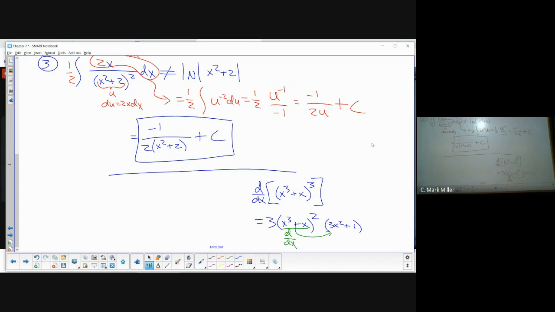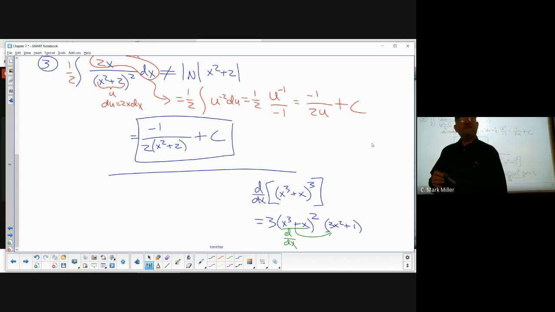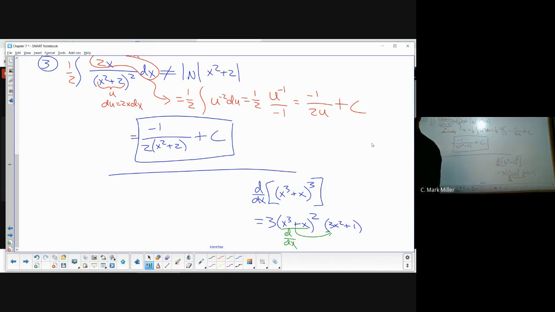All right. So if you're weak in trig, on one of the quizzes, there was that derivative of cosecant. Derivative of cosecant is negative cosecant cotangent, right?